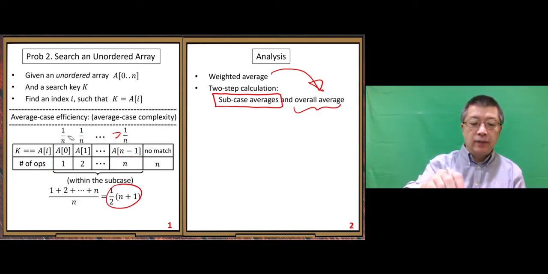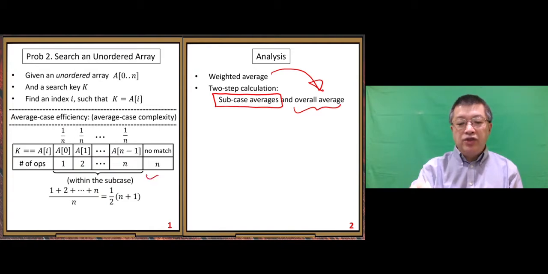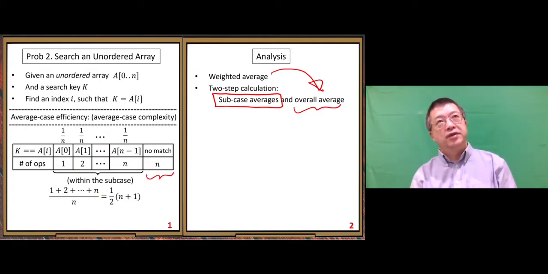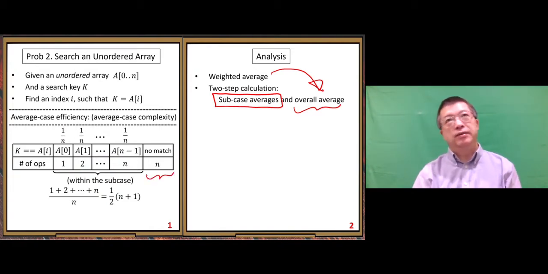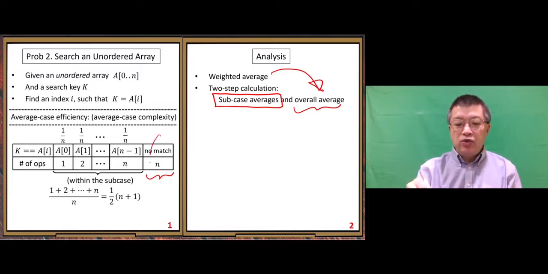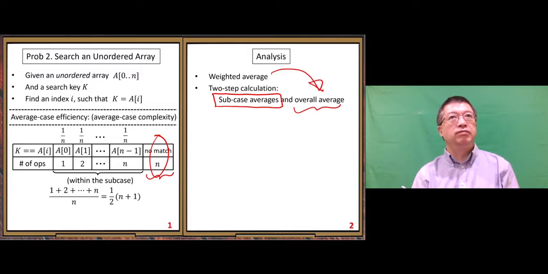After that, what is the average of the second subcase? Because in the second subcase there is only one possibility, you take the average of one possibility, still that one.